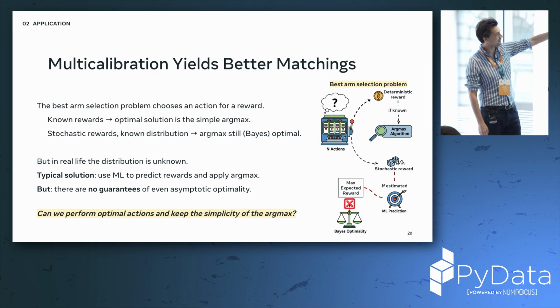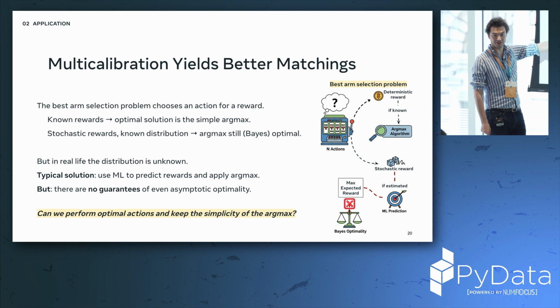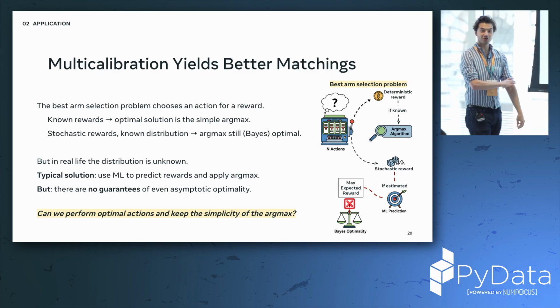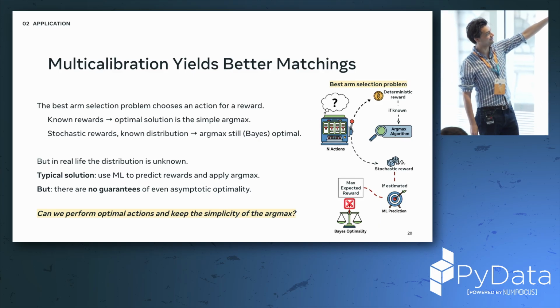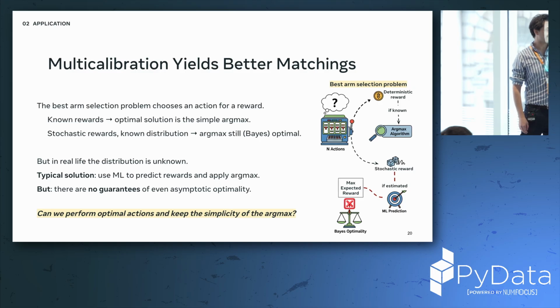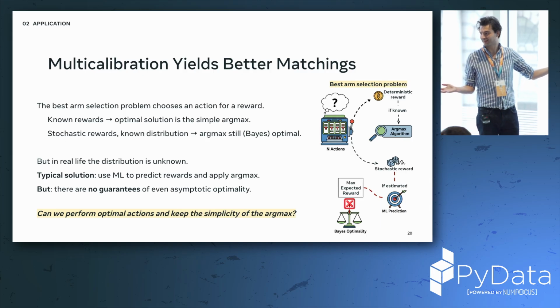But if you study this best arm selection problem with estimated rewards rather than known rewards, the policy of just taking the argmax no longer has the same guarantees. It is no longer Bayes optimal like in the known reward setting, and you don't even have a guarantee of asymptotic optimality. So everything breaks down if we're estimating rewards rather than knowing them.